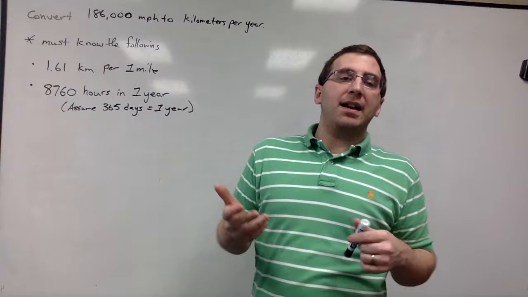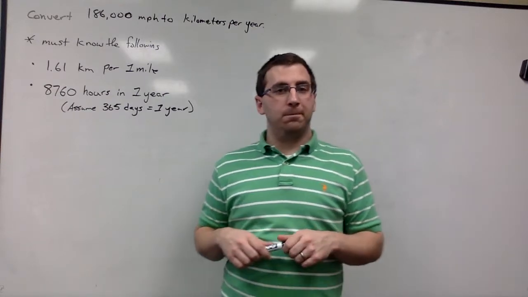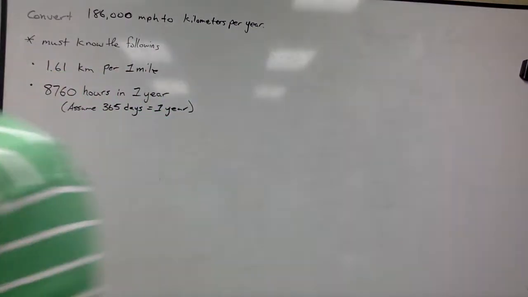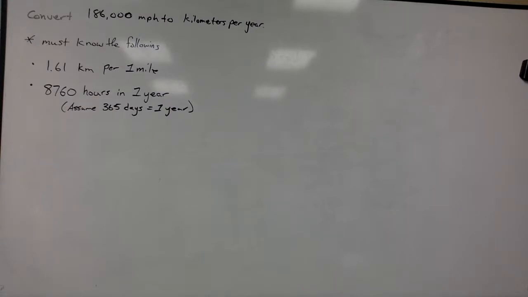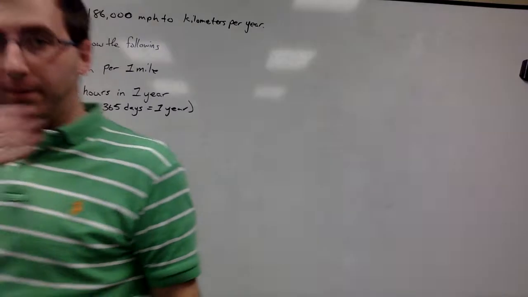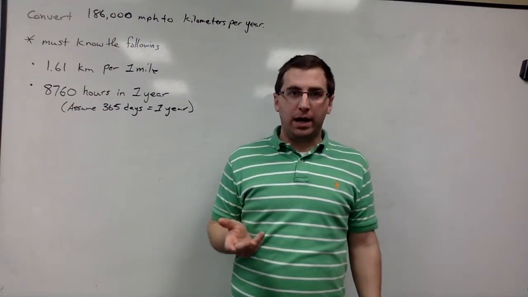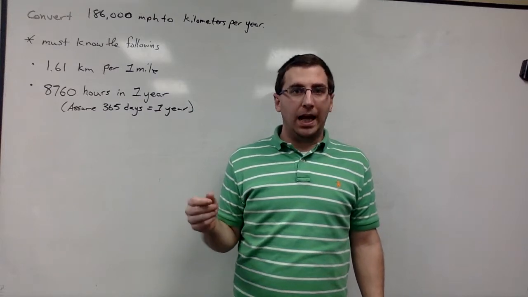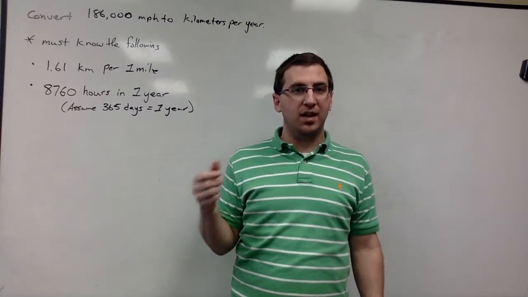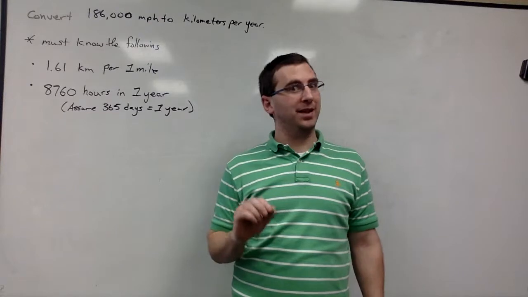Now, the amount of hours there are in 1 year. Let me check something. Nope, that one is not located in your conversion table. So what I did, I know that there's 24 hours in 1 day, and there are 365 days in 1 year, assuming I'm not dealing with a leap year.